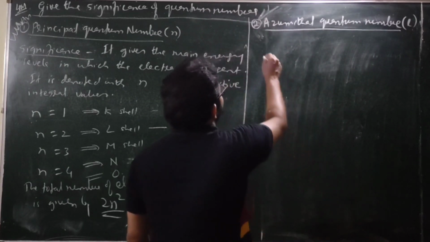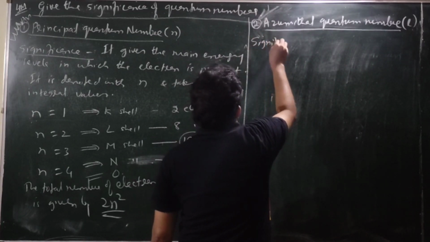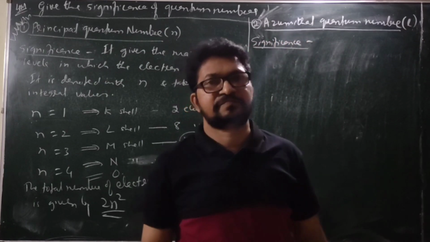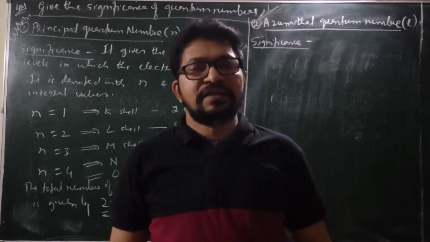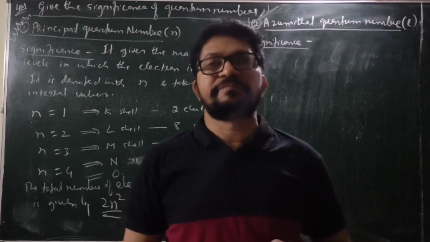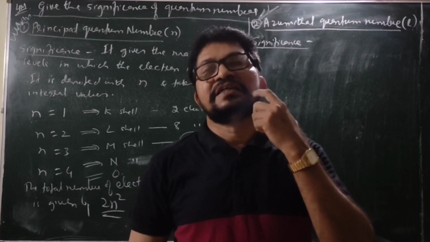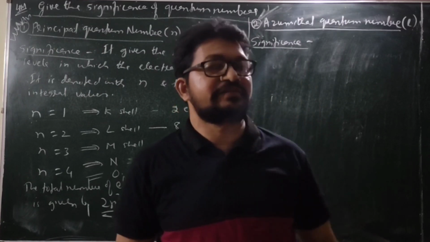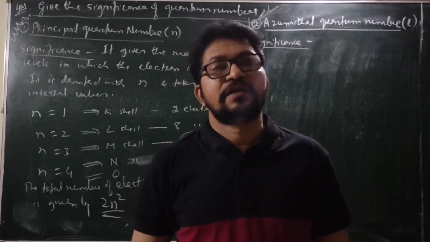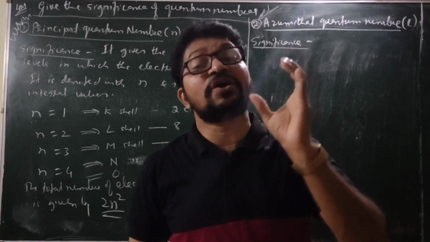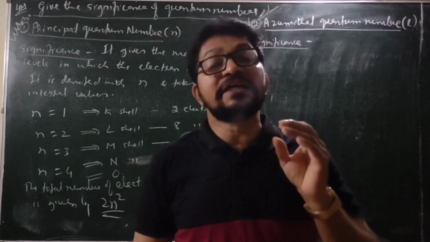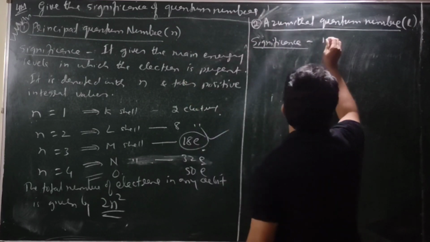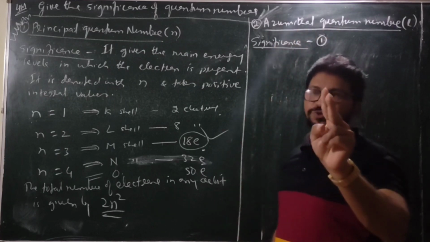So what is the significance of azimuthal quantum number? It gives the shape of the atomic orbitals in which the electron is present. It signifies two things.